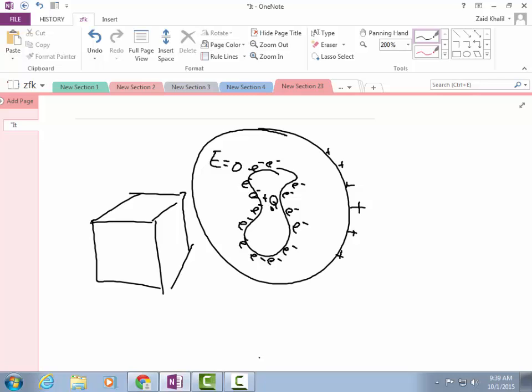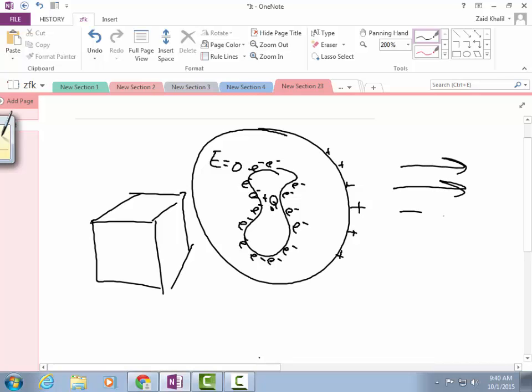Another question on that. What is the rule that makes it want to have no electric field inside? It is that the charges are free to move inside of a conducting material.